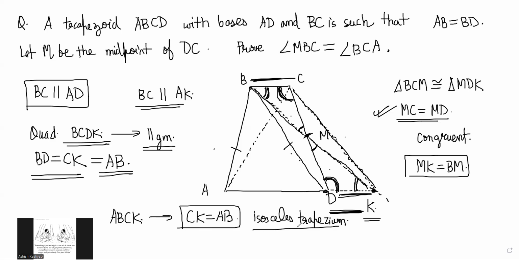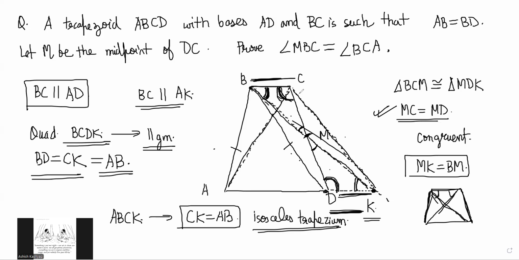And in an isosceles trapezium, it will be very easy to show that this angle has to be equal to this angle. What you need to prove is that one diagonal of the trapezium makes an angle with this base, and the other diagonal also makes this angle. You have to show that both angles are equal.